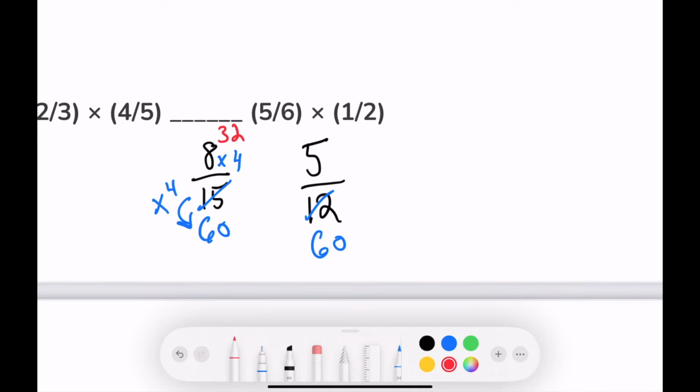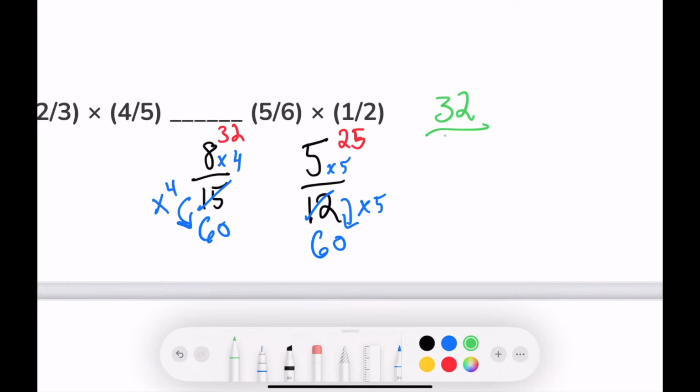Now, we'll do on the other side. How did we go from 12 to 60? We multiplied by 5. 5 times 12 is 60, so that means we need to take 5 times 5, put it in red right above. 5 times 5 is 25.